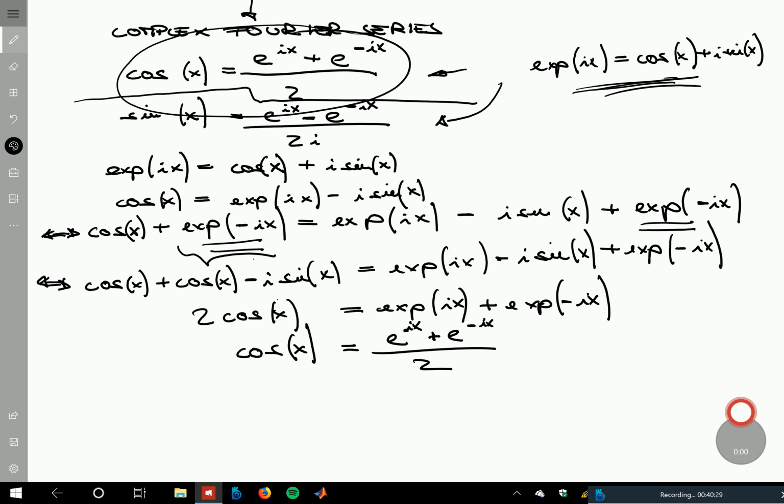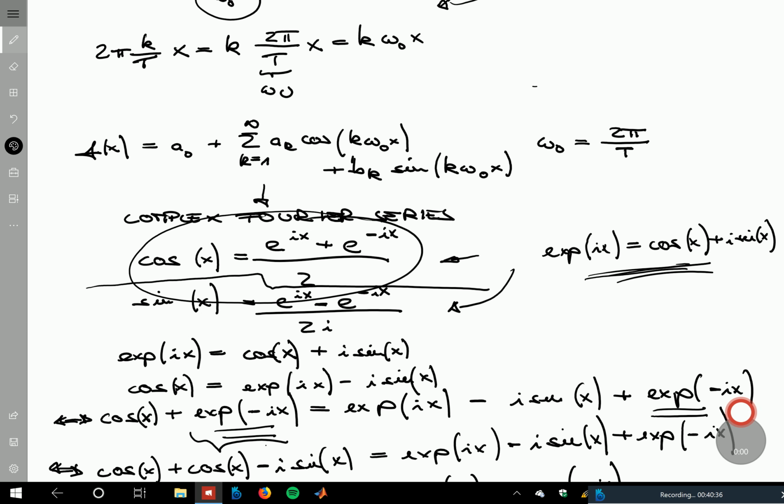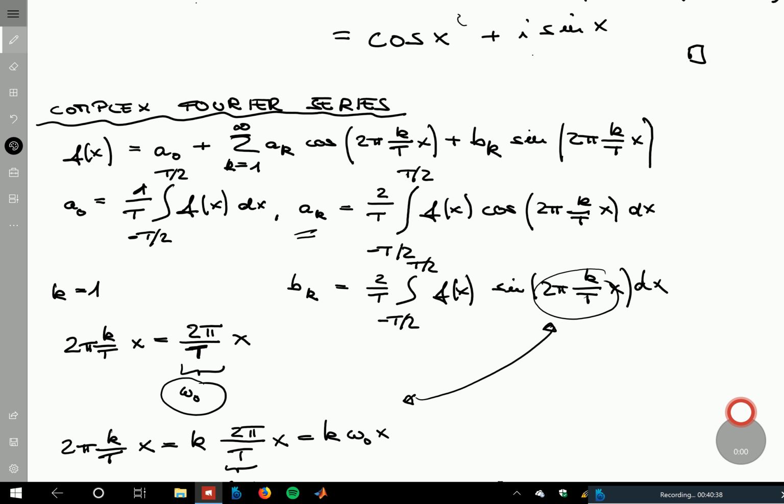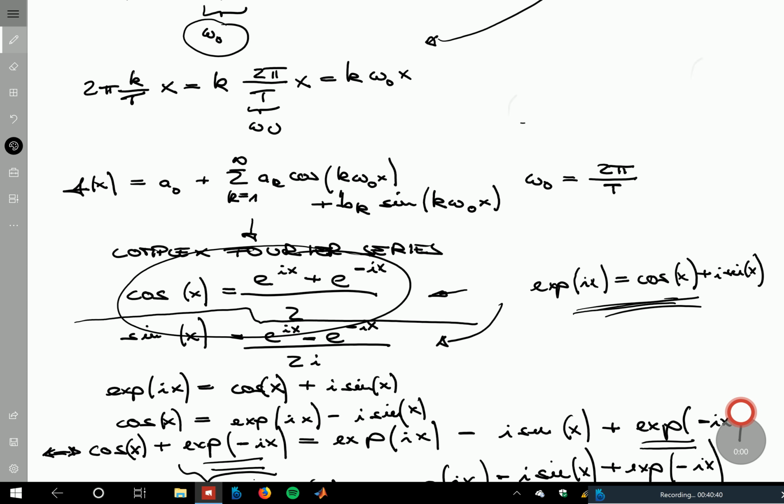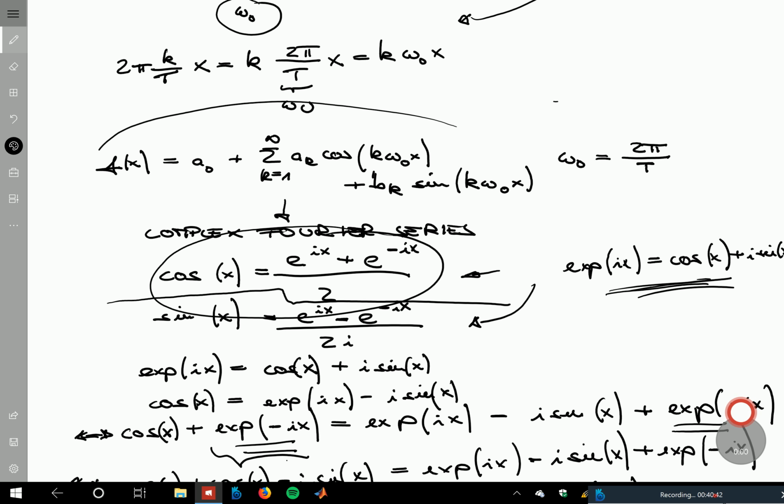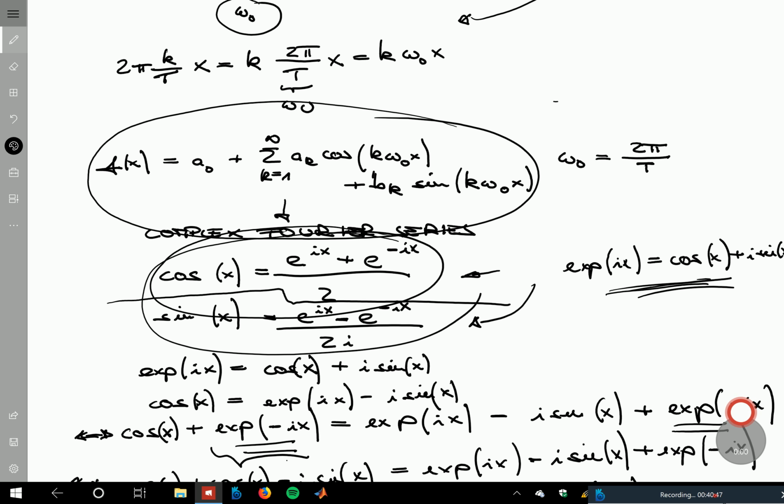So next time we start from here, because we have now rewritten the real Fourier series in this manner, and we are happy with these two equations, so we can start there, and then rewrite the real Fourier series in the complex form.